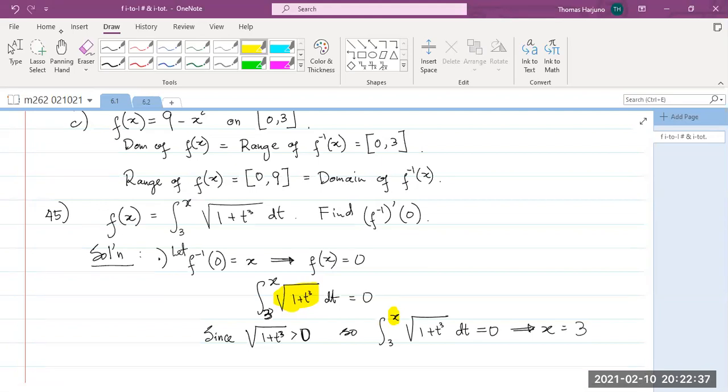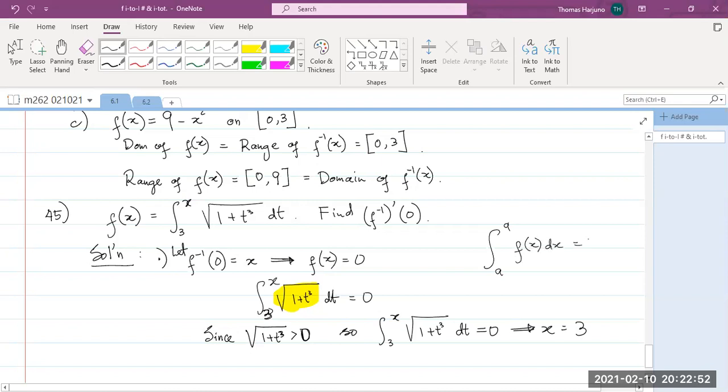Can you explain that? Yeah. The integral from a to a of whatever function is always 0. So x is equal to 3. Oh, I see, because it's equal. Okay, yeah.